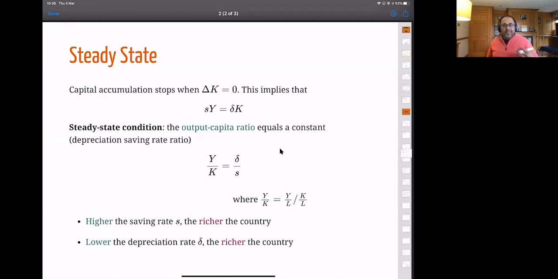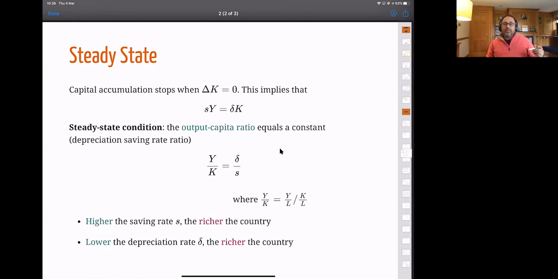And so the first reason that pops up is that countries must be richer because they have a higher saving rate and a lower depreciation rate. So it turns out a higher saving rate is a viable thing.